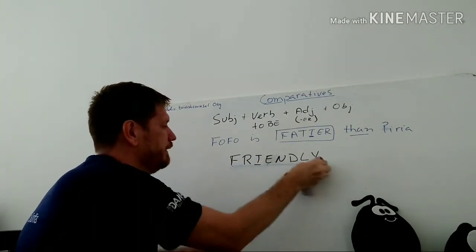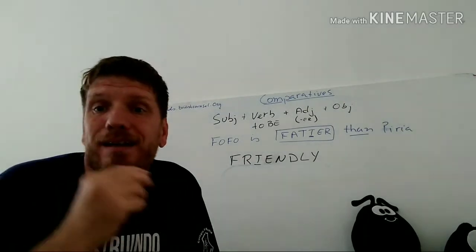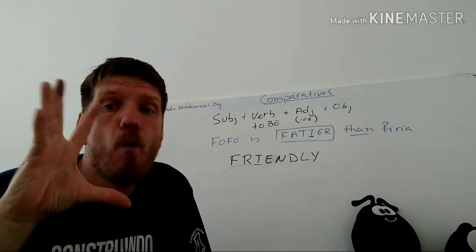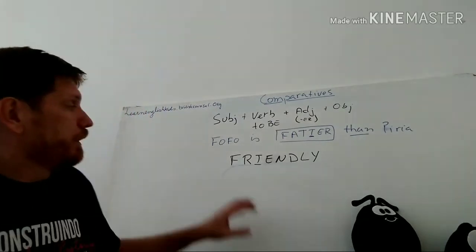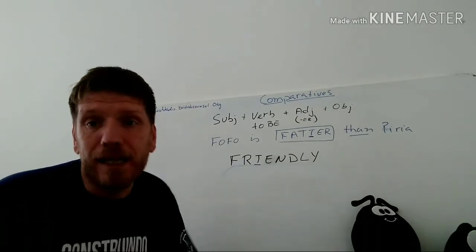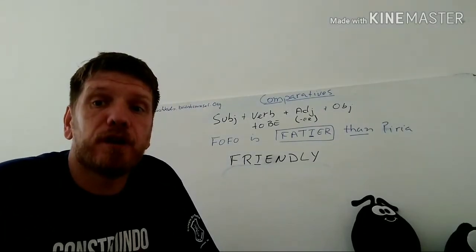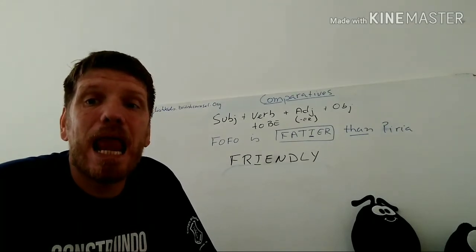And in English, we divide the word by the times we open and close our mouth. So the word friendly, I'm going to repeat it slowly for you. Friendly. Friendly.